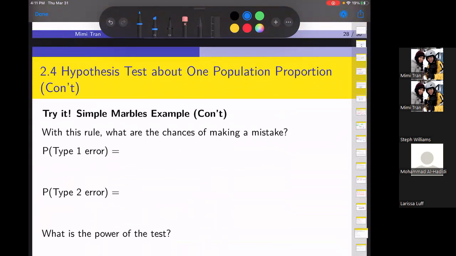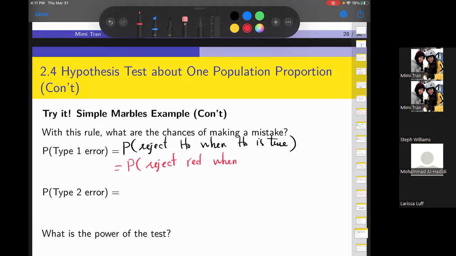So type 1 error is, let me rewrite it here in black, just to remind you of the definition. Type 1 error is reject H naught when H naught is true. In this context, reject H naught is favor red, right?